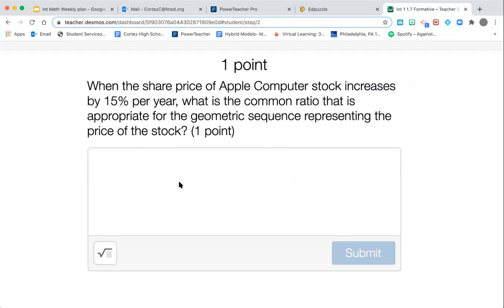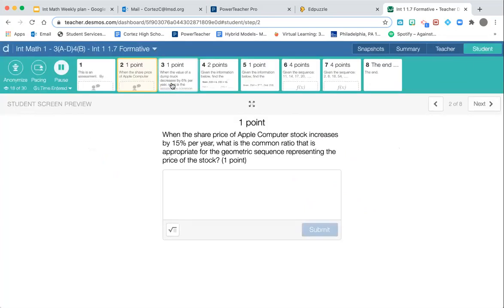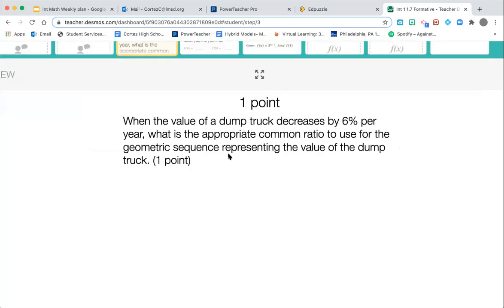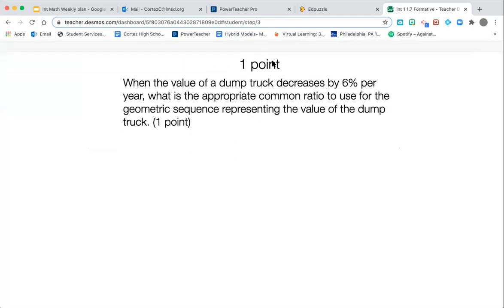To the next one. I know that this problem you didn't have to complete, but I'm going to talk about it because as you move into this retake, you're definitely going to have to do this. So I have the dump truck decreasing by 6% every year, and we want the appropriate common ratio. Since this is decreasing, I know that I'm no longer going to be getting 100% and then some.